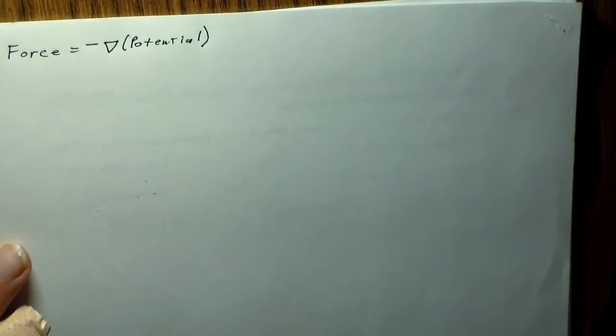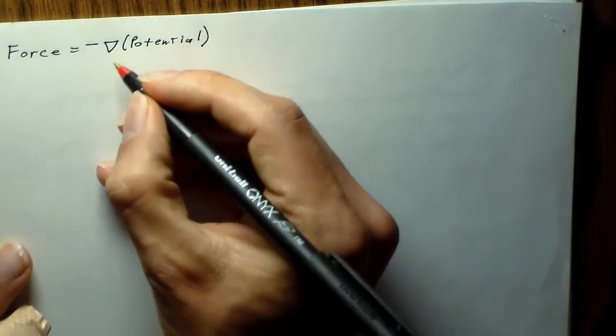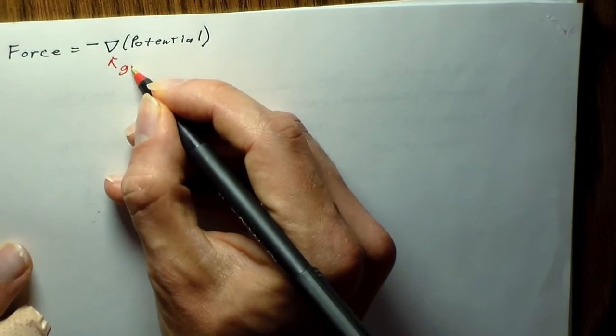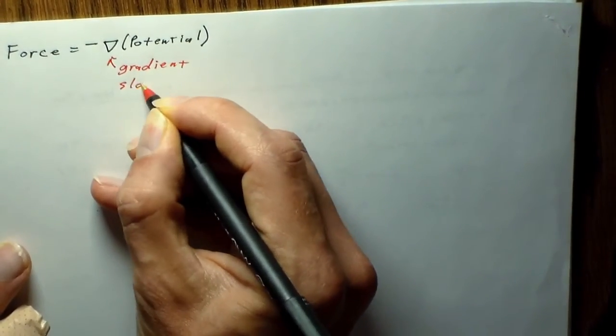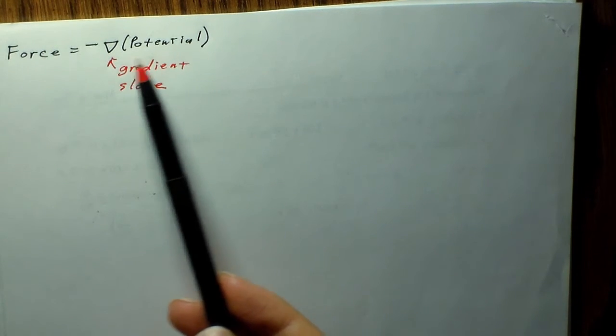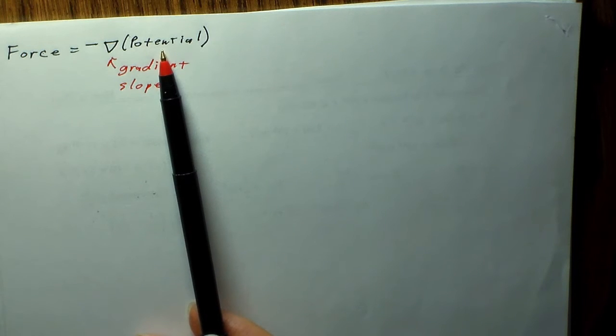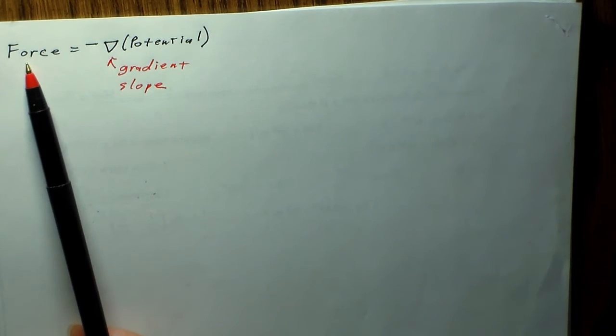All right, and this little weird upside down symbol right here, it's called a del symbol, but right here, this is really either what you might call a gradient or a slope. Okay. So essentially what this is saying is that, as a function of distance, the potential energy is actually going to change. And if we have this potential energy changing, that is what is reacting and causing a force.